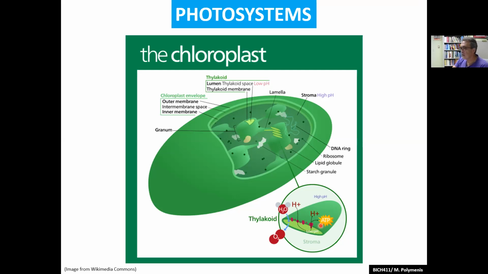So this is really how the energy is captured by photosynthesis, in the same way that we had seen in respiration. A battery is charged, and that is coupled to ATP generation by the ATP synthase. What is not shown in the schematic is that in the process we also get reducing power in the form of NADPH.